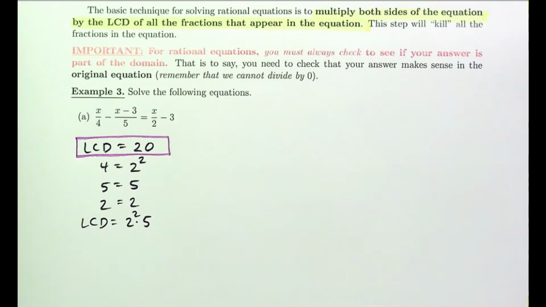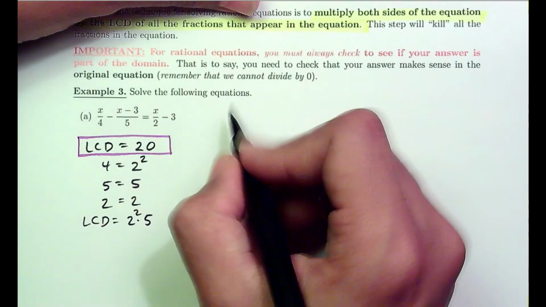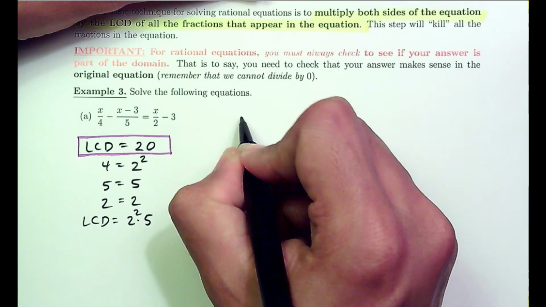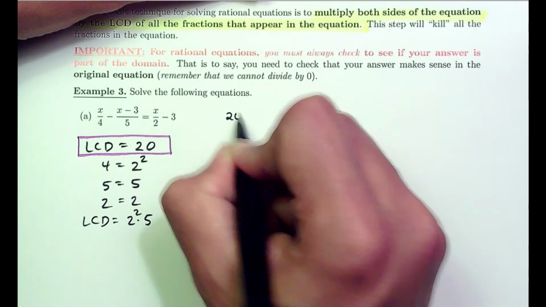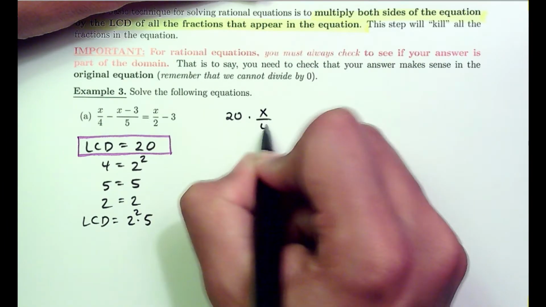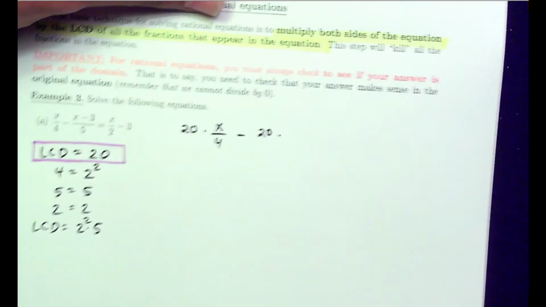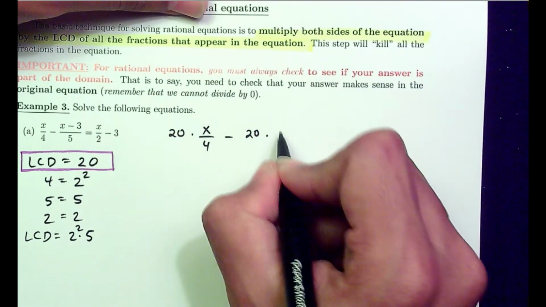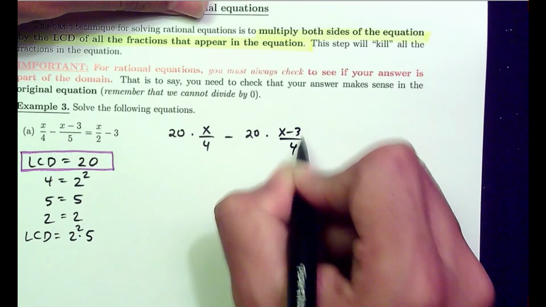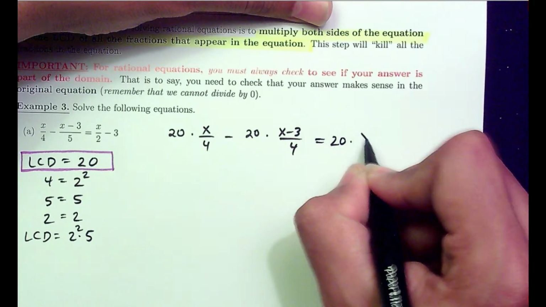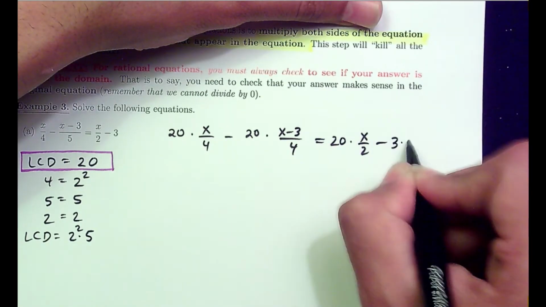Okay, so then we're going to multiply everything in that equation by 20. Everything gets multiplied by 20, so everything on both the left and on the right. Multiply the whole equation by 20. So I'm going to write it like this. 20 times x over 4 minus 20 times x minus 3 over 4 equals 20 times x over 2 minus 3 times 20.